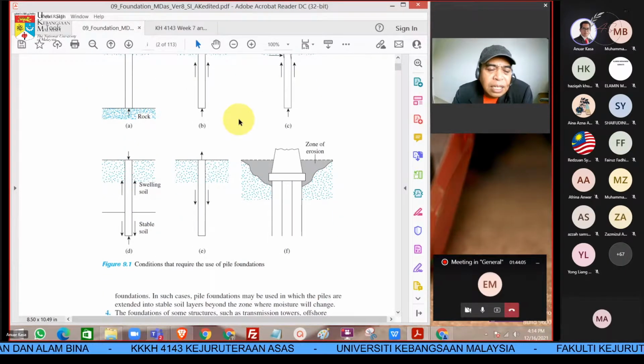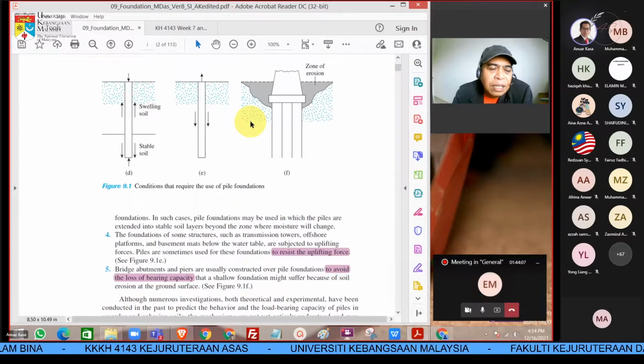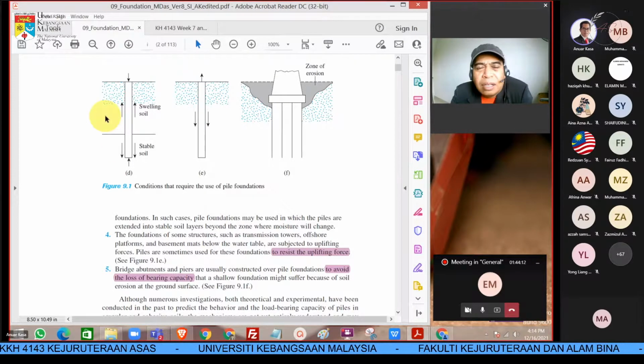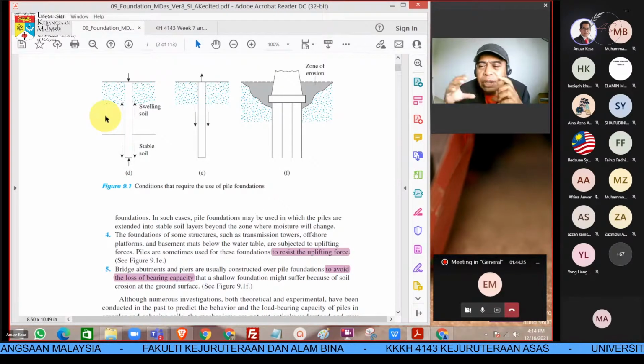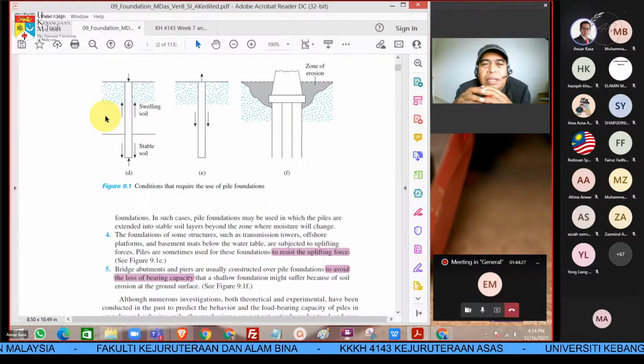And sometimes the soil is a swelling soil, meaning when the soil is exposed to moisture content, the soil will increase in volume. So it expands. The volume becomes larger and larger.